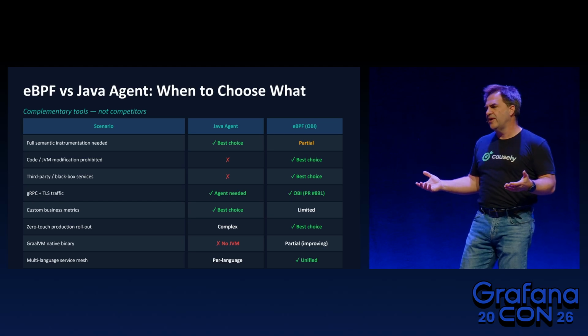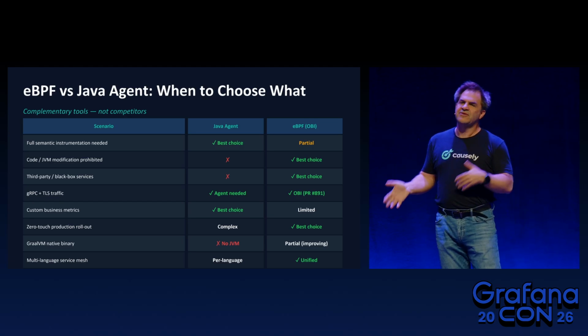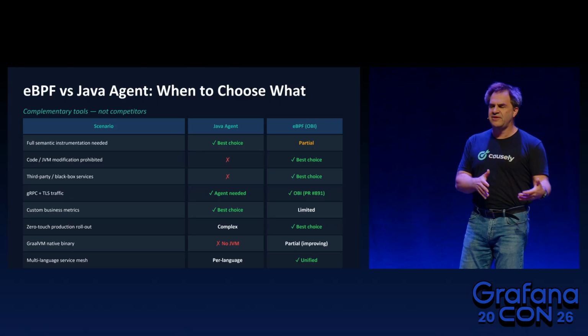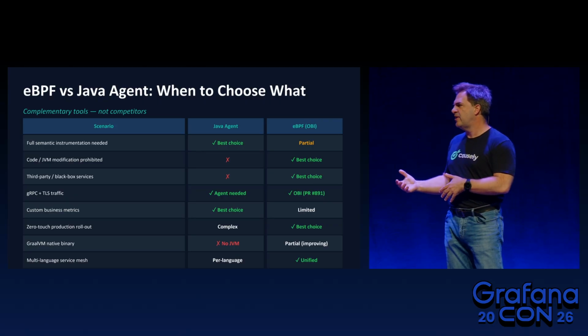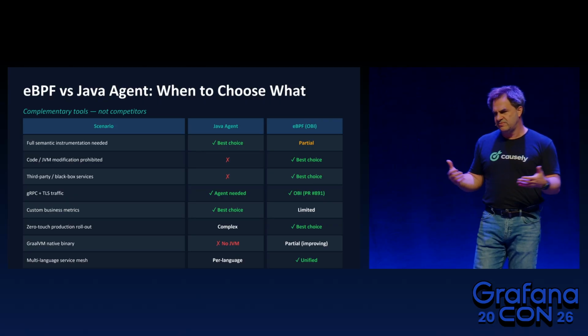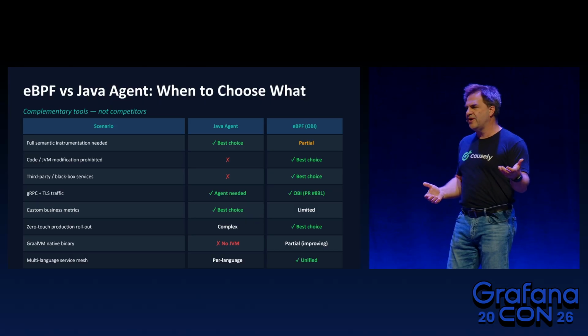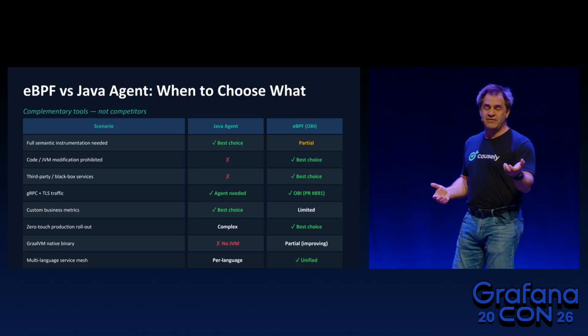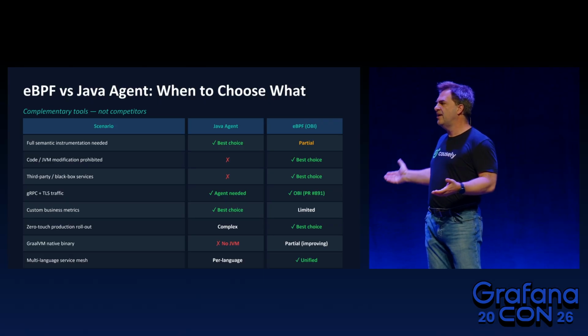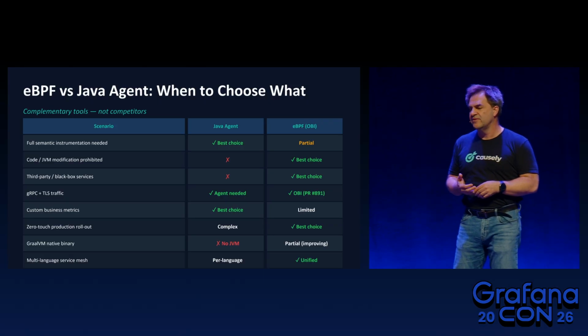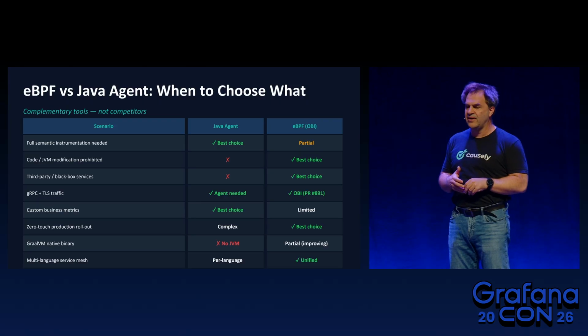What's really cool about OBI and Beyla is that it recognizes if an application has native instrumentation and doesn't instrument it. So almost organically you end up with everything you care about instrumented as accurately as you wish with the Java agent, and everything else broadly and instantly instrumented using OBI and Beyla.